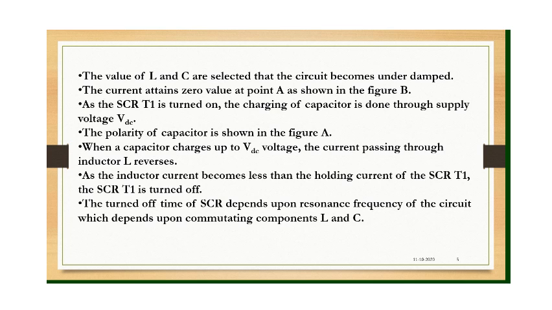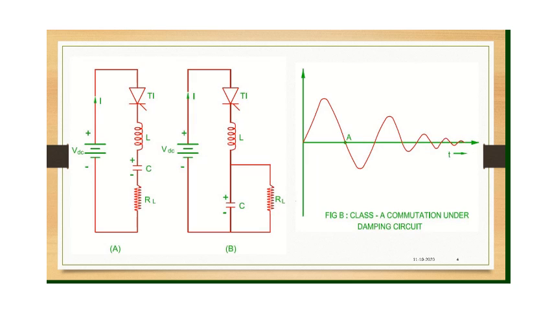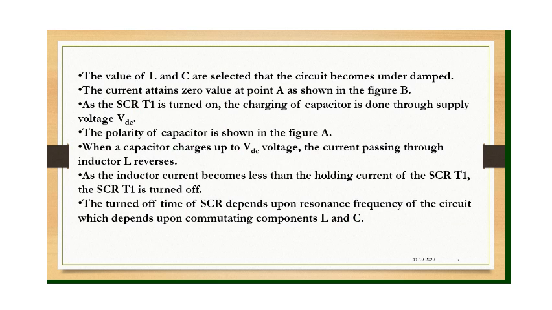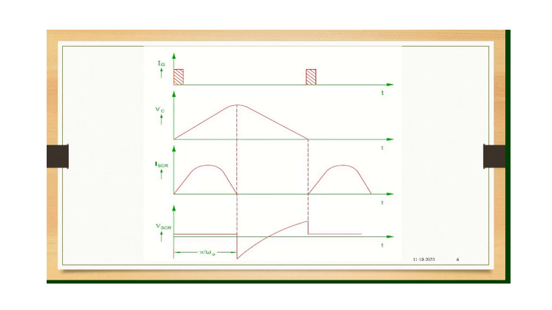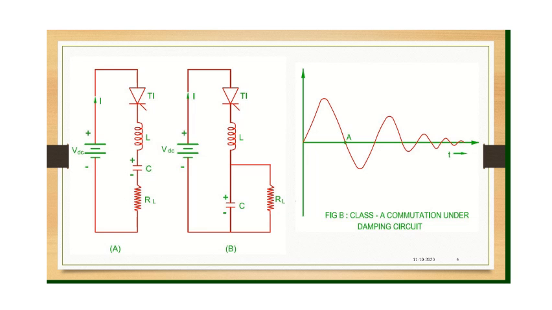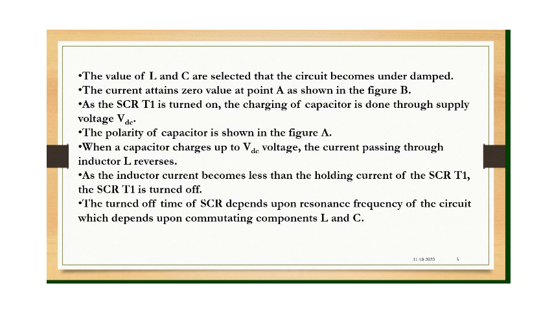The current attains zero value at point A, as shown in figure B. As the SCR is turned on, the charging of the capacitor is done through the supply voltage VDC. The polarity of the capacitor is shown in the figure, and that is how it is getting charged.